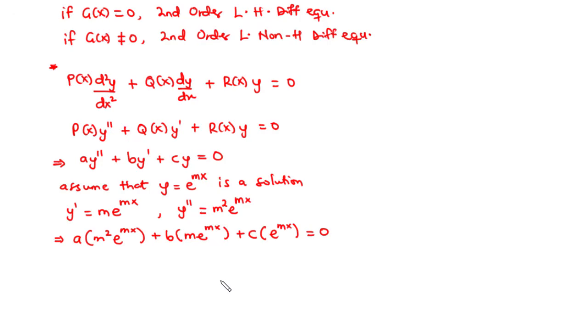Now at this point you realize that e to the power mx is common to each of the three terms, so we can factor that out so that we have e to the power mx on the outside.